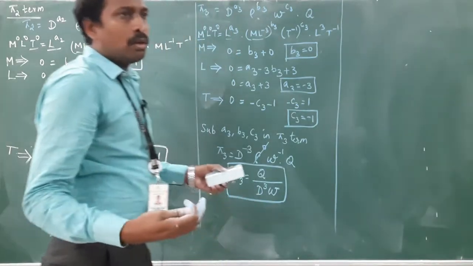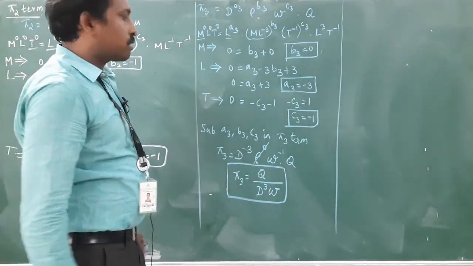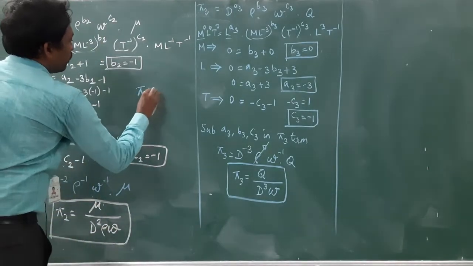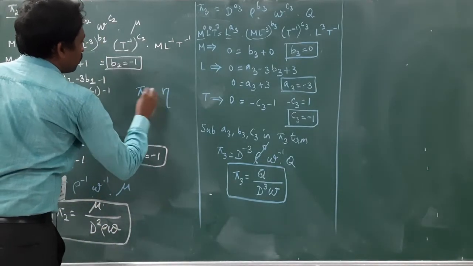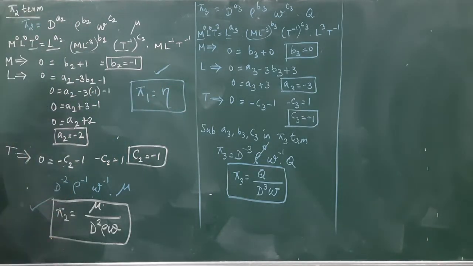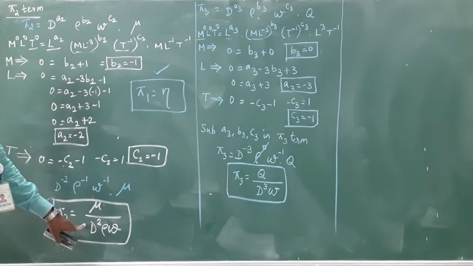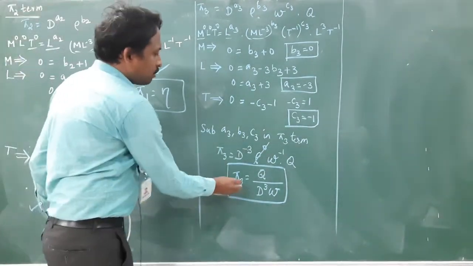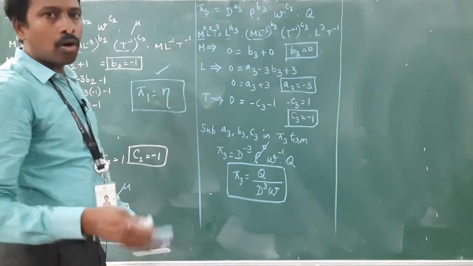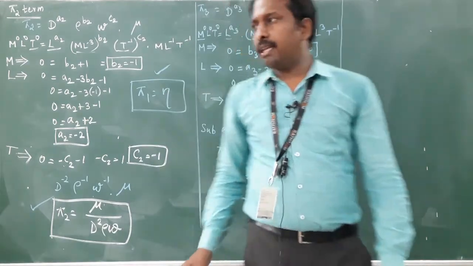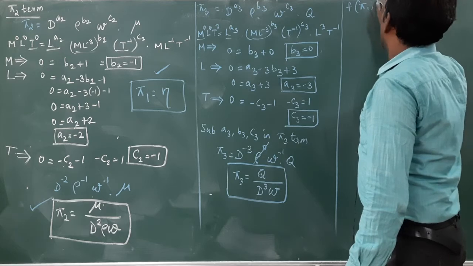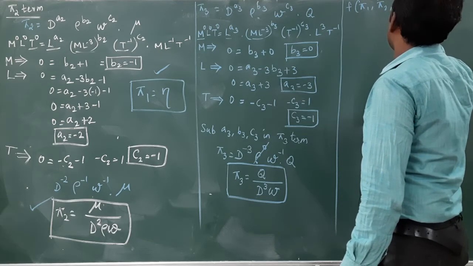Then combining all the 3 pi term values: pi 1 we already found, pi 1 is eta, pi 2 is mu divided by d square omega rho, and pi 3 term is Q divided by d cube omega. Substituting all the values from the second equation, f of pi 1, pi 2 and pi 3 is equal to 0.